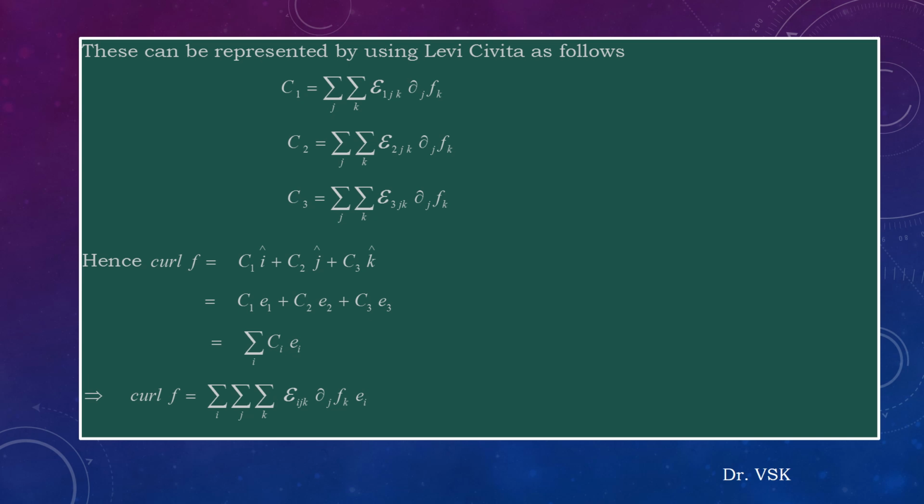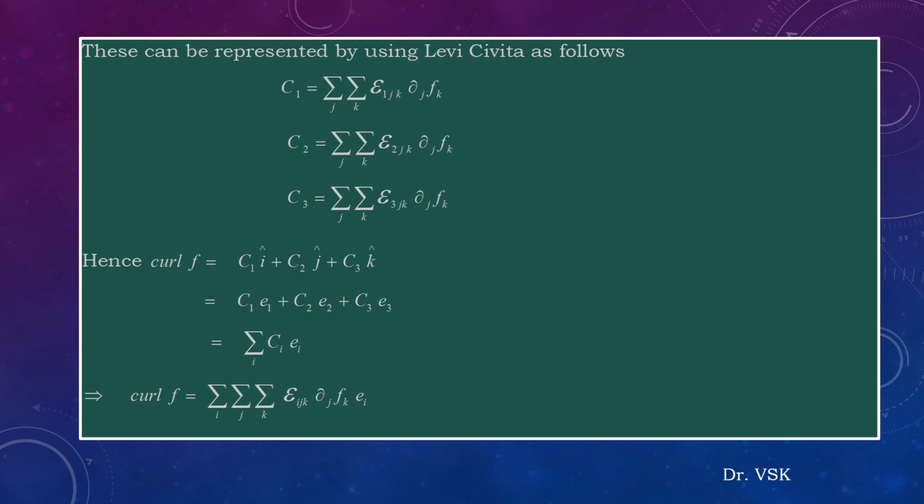The second component C2 can be represented as C2 equals sigma over j, sigma over k, epsilon sub 2jk ∂j Fk. Similarly, the third component C3 of curl F can be represented as C3 equals sigma over j, sigma over k, epsilon sub 3jk ∂j Fk. Thus, we can represent the components C1, C2, C3 by using the Levi-Civita tensor.